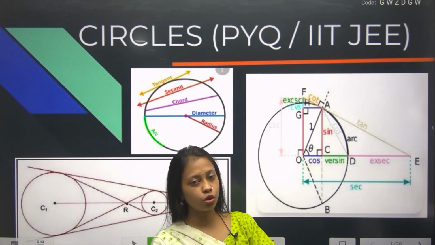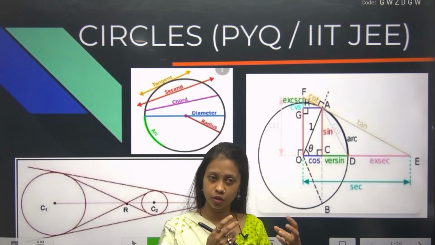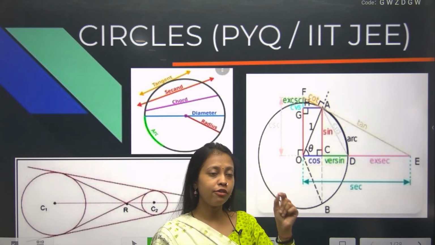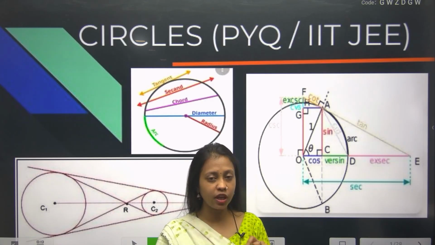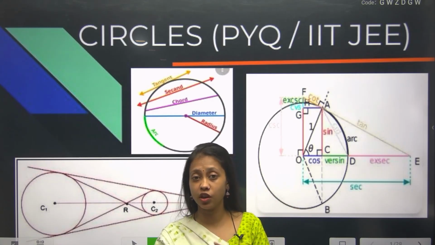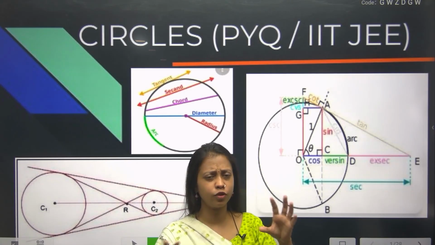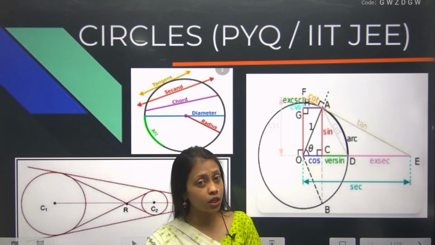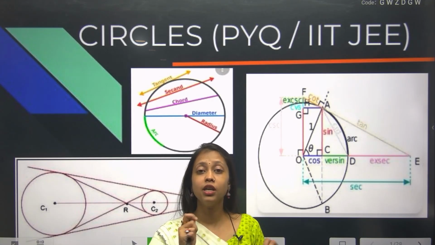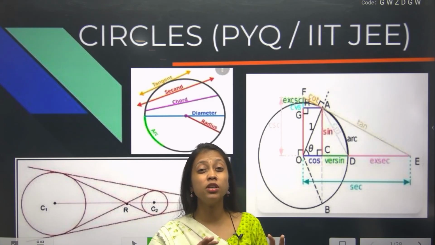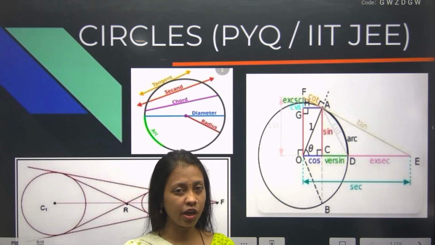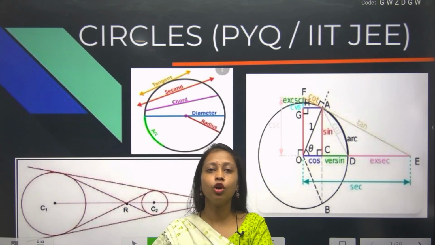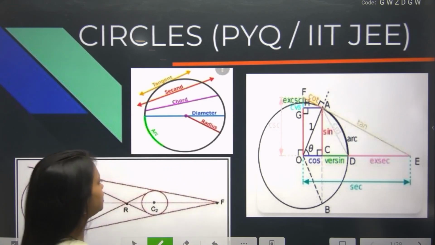Most of the students are struggling with the geometry section, especially with the circle, because if you have done circle properly, meaning each and every concept is clear, along with the derivation of the formulas and how to apply them in questions, then applying it in the further chapters, which are parabola, ellipse, hyperbola, is somewhat the same. So the circle is the main topic in the geometry section, so that you can deal with the other topics as well. Right, so let's start without wasting any time.